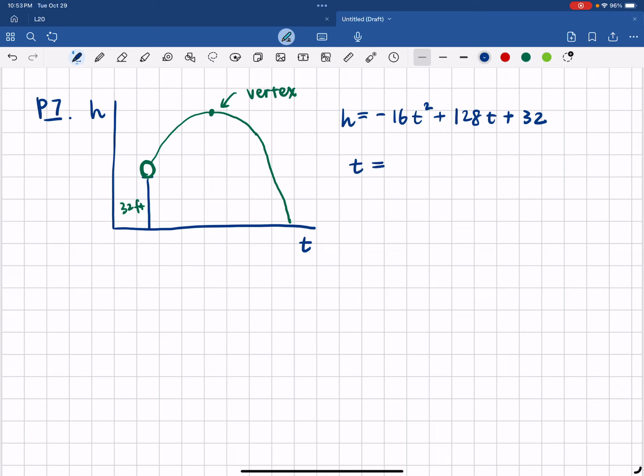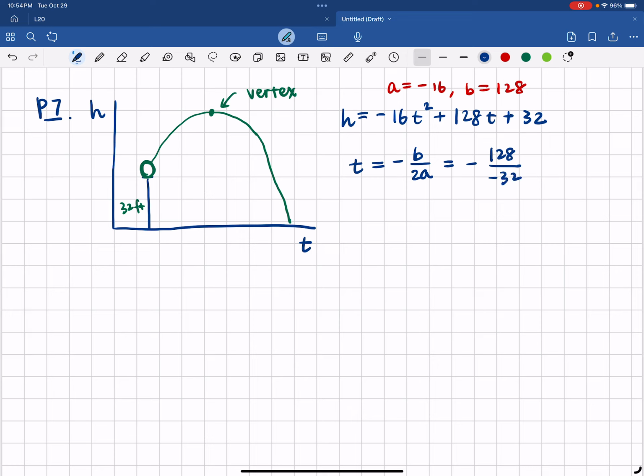You're going to use the formula negative b over 2a. So let's plug it in. What is our a, b, c, right? Our a is negative 16. b is 128. We don't care about c because the formula doesn't have c. So it's just negative b over 2a. And that is negative 128 over negative 32.